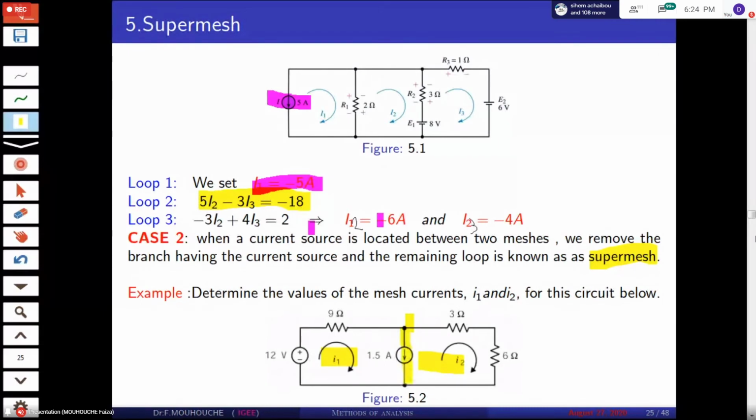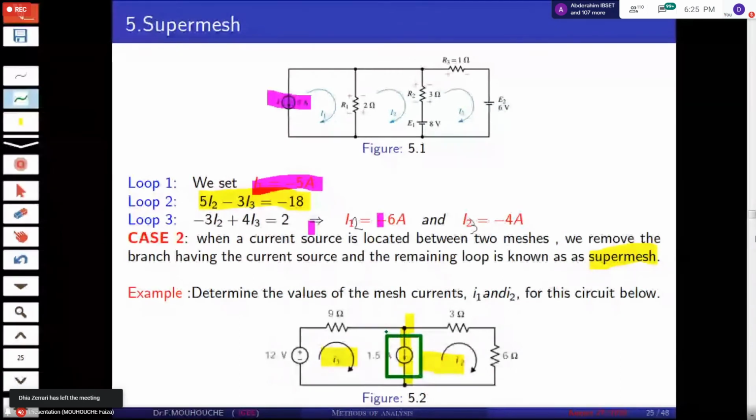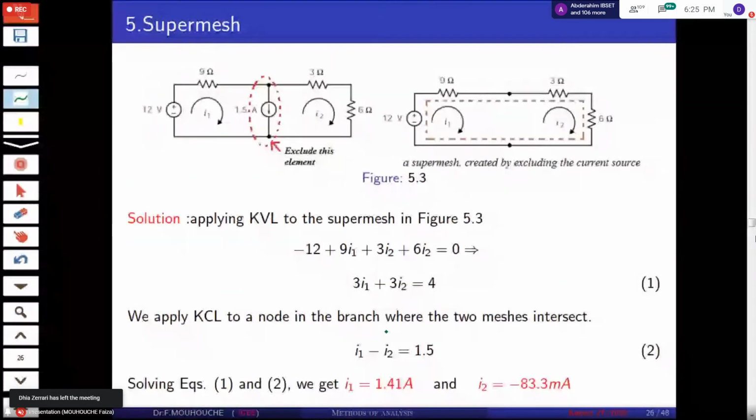So the current source is located between the first mesh and the second mesh. When the current source is located between two meshes, we must remove it like that. We select the current source and remove it as shown here.